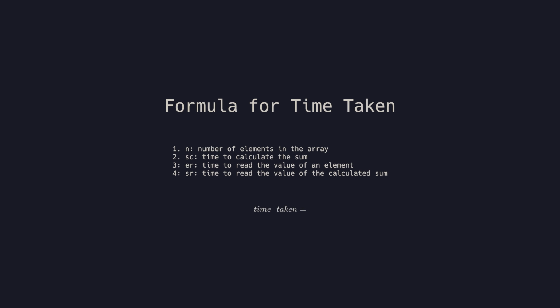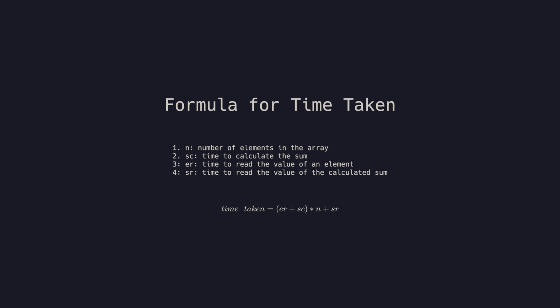The amount of time needed to calculate the sum is the time needed to read the value of each element er plus the time needed to add this value to the sum sc. This process needs to be repeated for each element in the array, hence this quantity needs to be multiplied by n. And finally, we need to add the time needed to read the calculated sum sr.